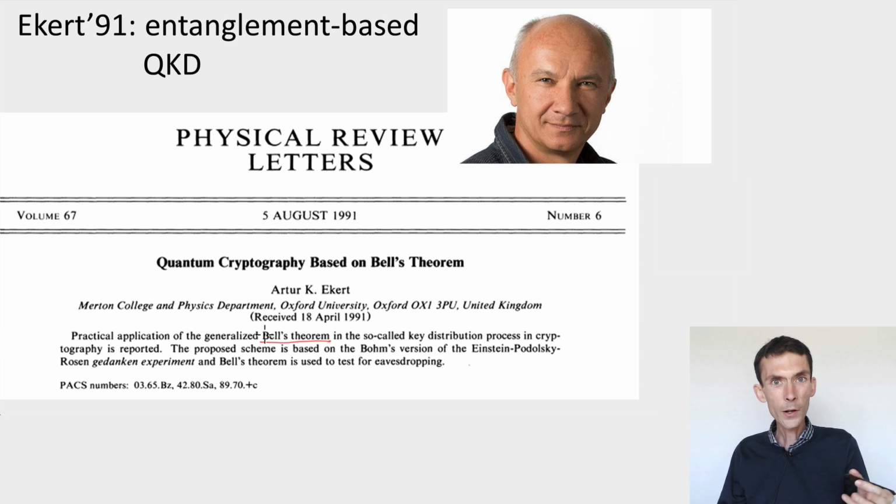So Ekert had a very powerful intuition when he introduced his protocol, which is that the non-local correlations that entanglement can generate can be used as a means to verify that a particular state is entangled between Alice and Bob, and relying on monogamy of correlations, that this state is not entangled with the eavesdropper's information, and this way guarantee you security. So we're not going to go into Ekert's protocol, we're going to stick with the BB84 protocol, but I wanted to mention his contribution because it serves as inspiration for the purified form of BB84 that I'm going to mention now.